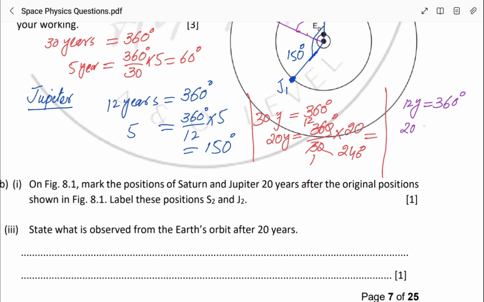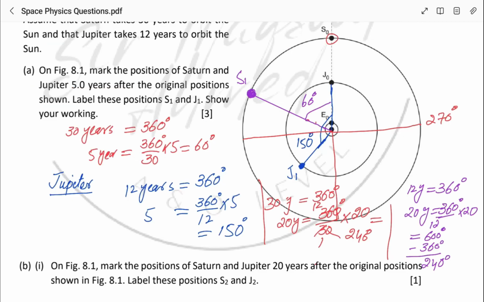Now 20 years is equal to 360 degrees over 12 into 20. Its 240 degrees is approximately at this position. This is S2.